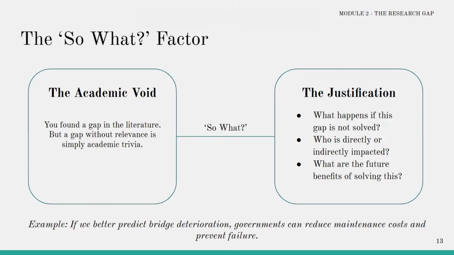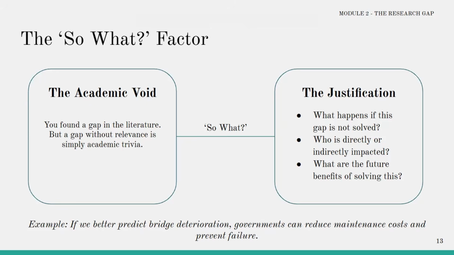If you found a gap in the literature, a gap without relevance is simply academic trivia. So we need to ask, so what? There is a gap like this. So what is happening? There should be some justification. What will happen if this gap is not resolved, who is directly or indirectly impacted, or what are the future benefits of solving this?